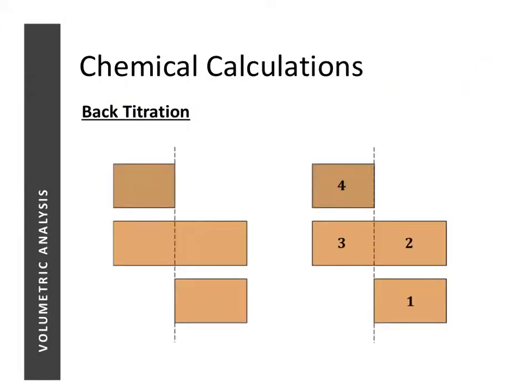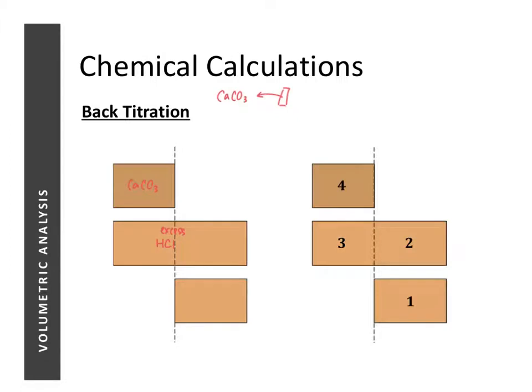So now I'm going to use this diagram to show you how we can solve a back titration question, using the question that we saw just now. The question involves some impure calcium carbonate. We want to find how much calcium carbonate is there in the chalk. This is the main thing that we want to find. So we react calcium carbonate with an excess, more than enough hydrochloric acid.